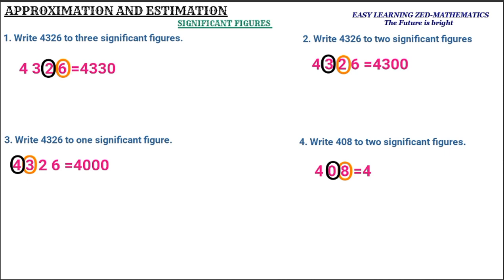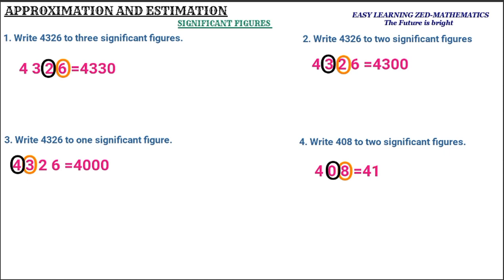Then we say, is 8 bigger than 5? Yes, 8 is bigger than 5. So when the number is equal to 5 or bigger than 5, that means we are going to add 1 to the next remaining number. The next remaining number is 0. So 0 plus 1 we're going to get 1.